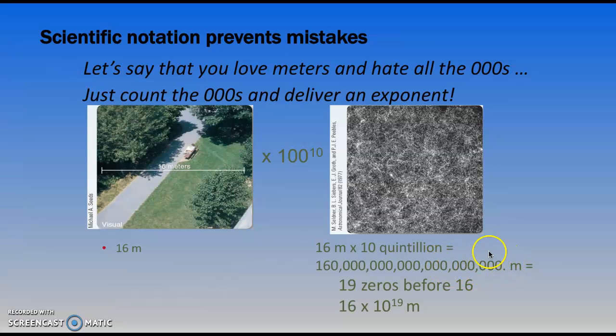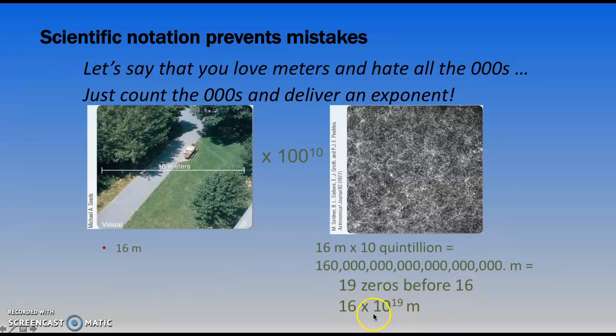I could count all of these zeros. I've actually got 19 consecutive zeros from the decimal point. Count them up. 3, 6, 9, 12, 15, 18, 19 zeros before I get to my numbers, which happen to be 16.